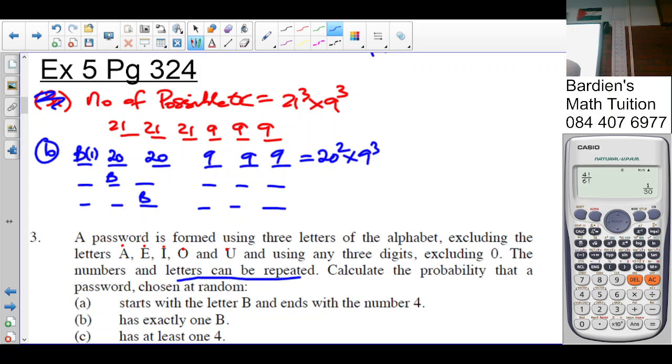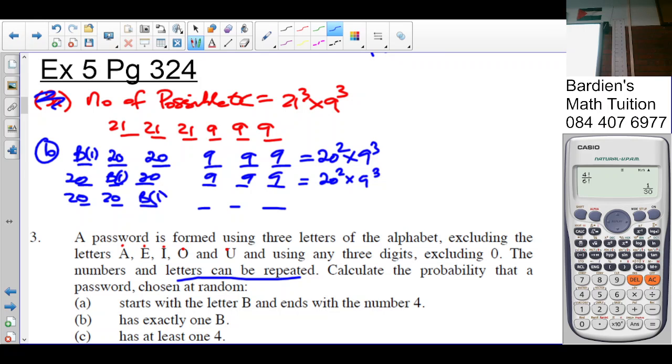If I do it here, how many options do I have on the second bit? 1 in the second row. 20. Then, so this is 1 option. Then 20. Then 9, 9, 9. Which is 20 squared times 9 cubed. Let's look at the next one. How many options do I have here? 20. Then 20.